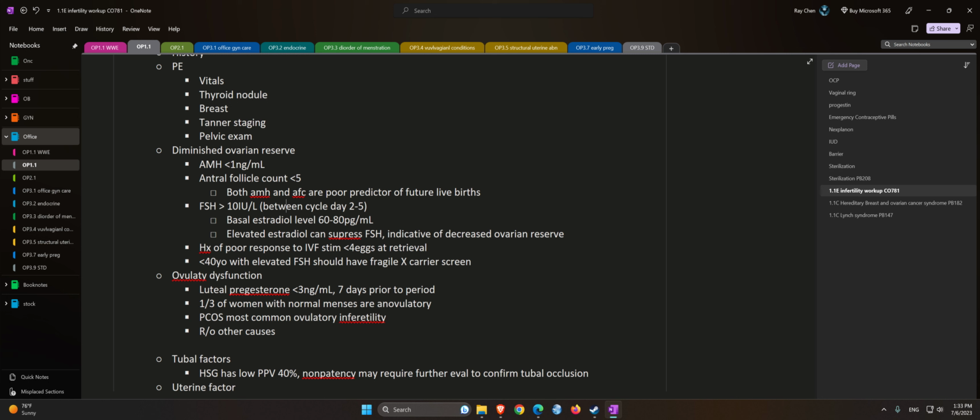Elevated estradiol can suppress FSH, which is also indicative of decreased ovarian reserve. History of poor response to IVF stimulation, such as less than 4 eggs at retrieval. Less than 40-year-old with elevated FSH should have Fragile X carrier screening.